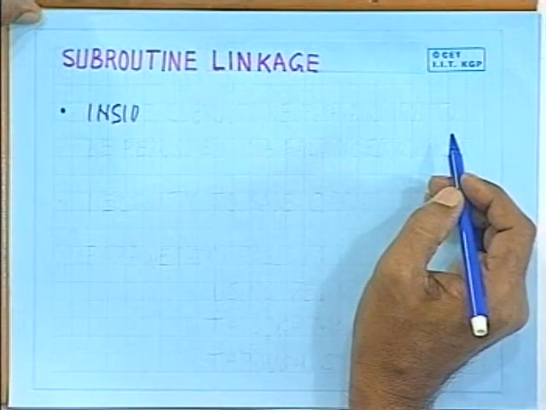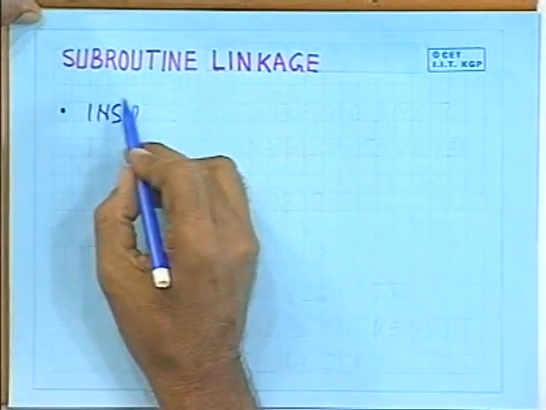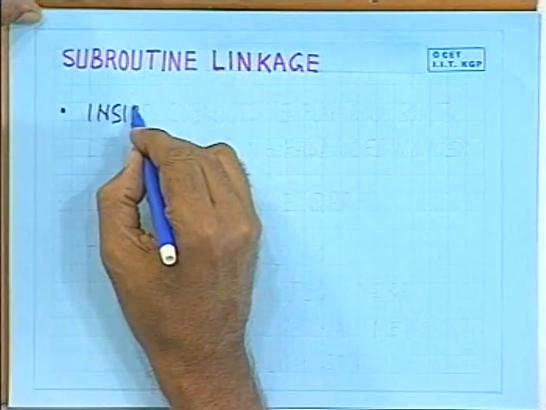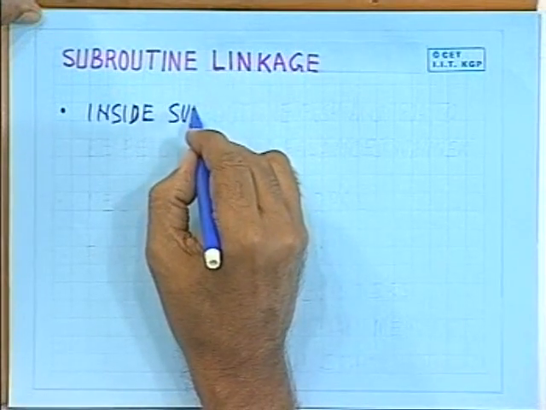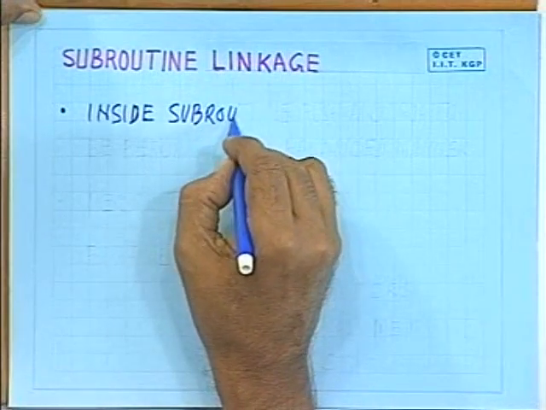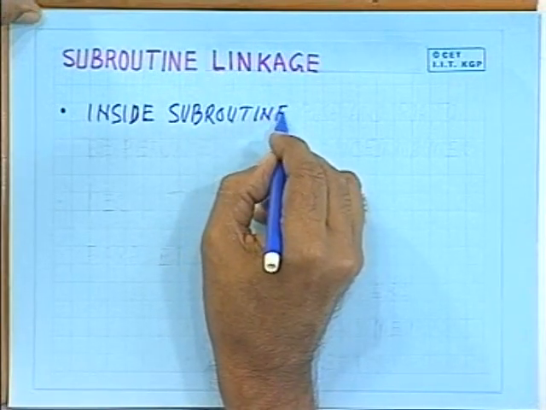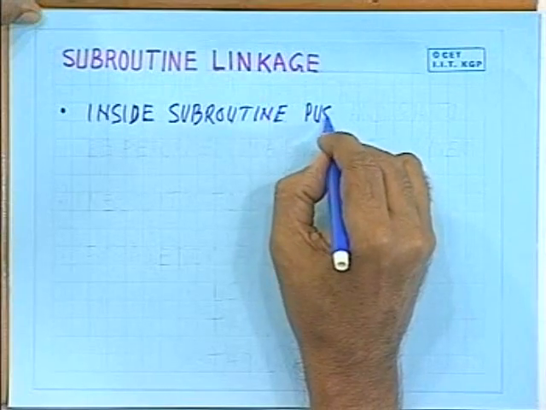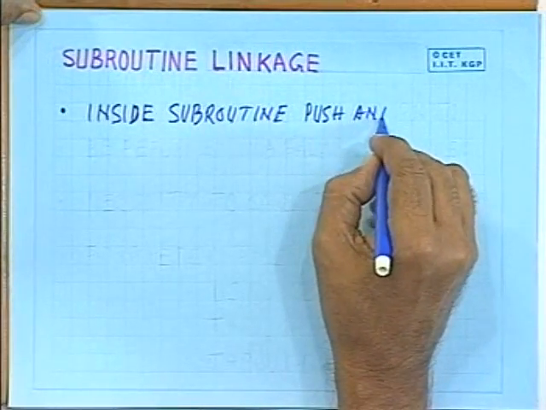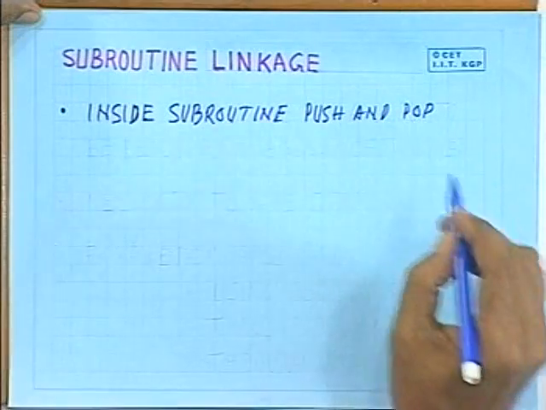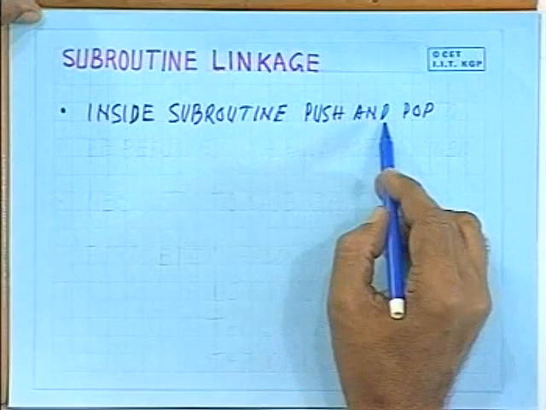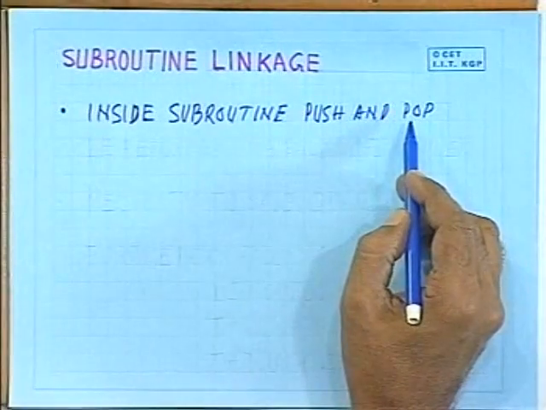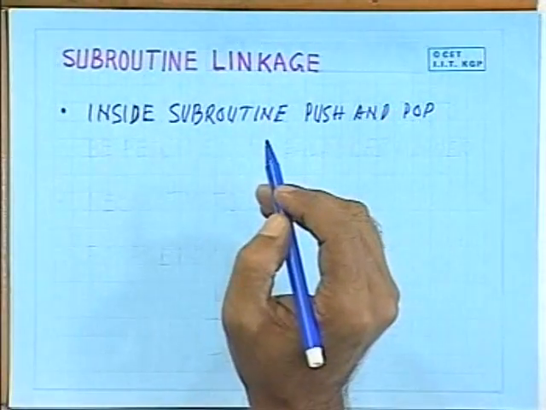Now, whenever the subroutine linkage is done, inside the subroutine, whenever you are processing a subroutine, you may be using push and pop instructions. Whenever you use push and pop instructions inside a subroutine, you should be very careful, so that the return address which has been stored in the stack is not lost.